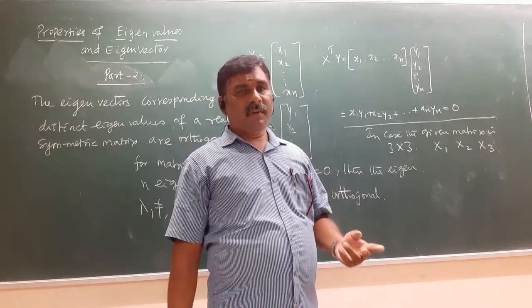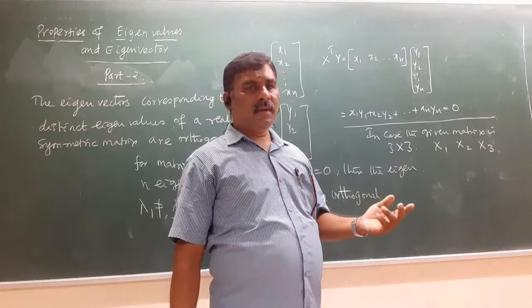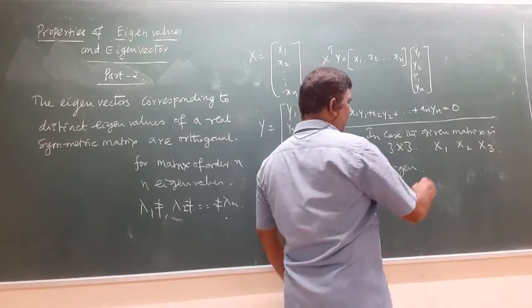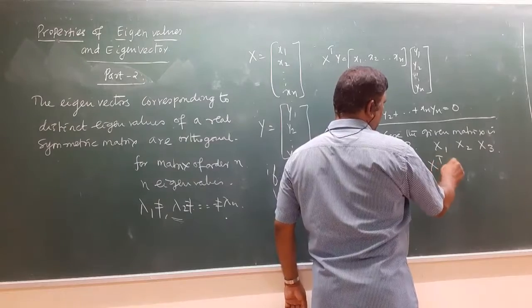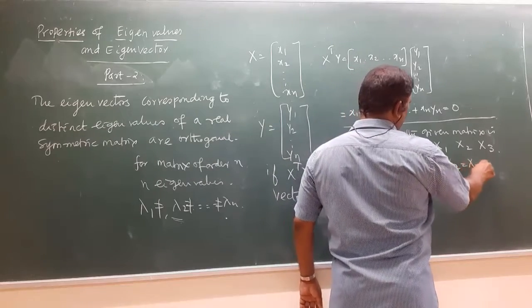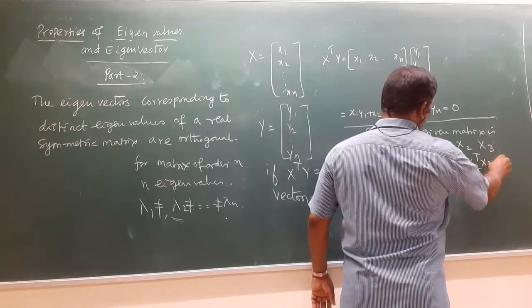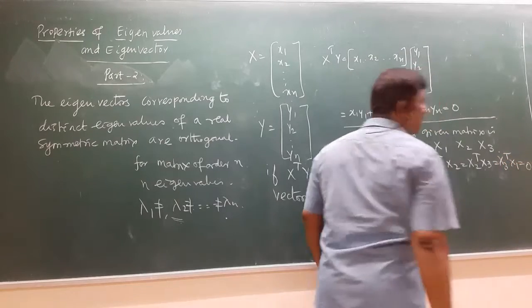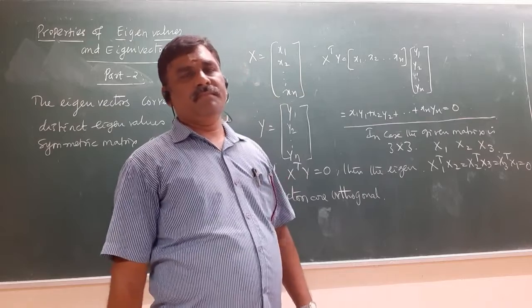Then when you find the eigenvectors x1, x2, x3, we can verify that x1 transpose x2 equal to x2 transpose x3 equal to x3 transpose x1, that is equal to 0.